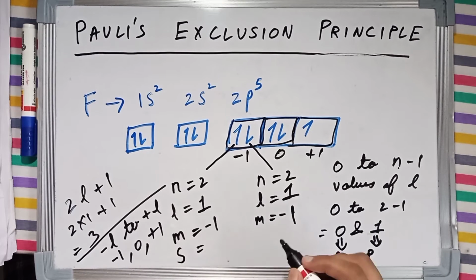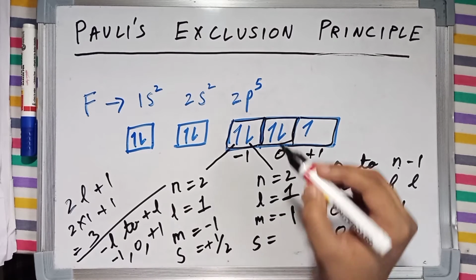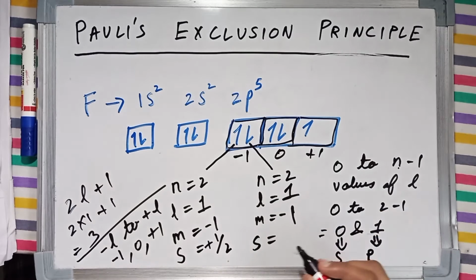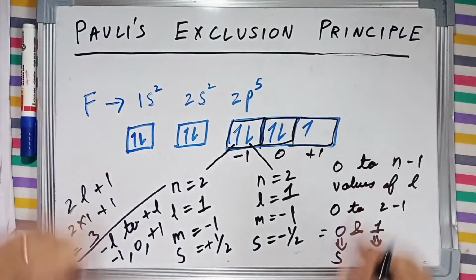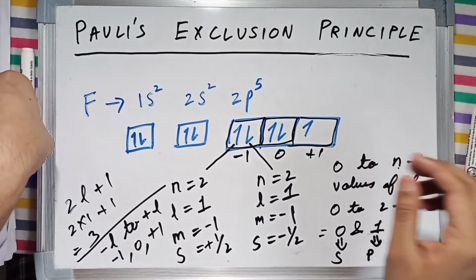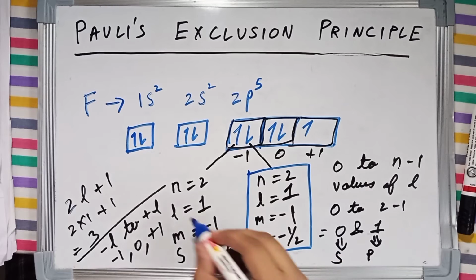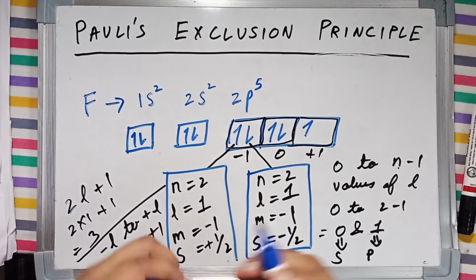Now the fourth quantum number, which is the spin quantum number, see, for the upper direction the value of s is plus half. But if the electron is facing downwards, it will have the value of minus half. Okay, so this is Pauli's exclusion principle principally. You guys can take these values as addresses, the permanent addresses of electrons.